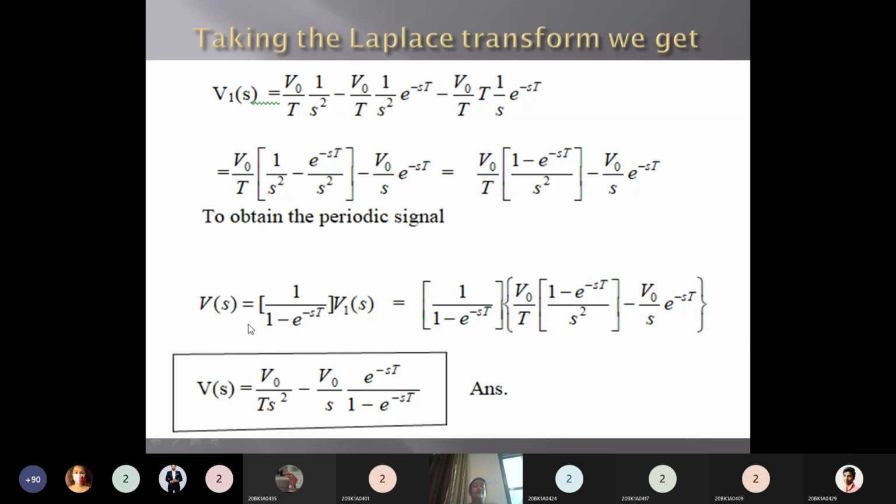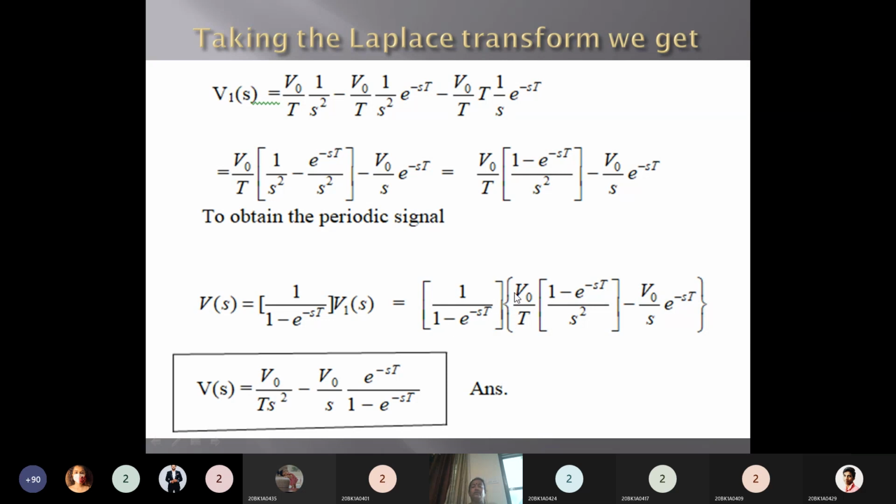So V of S, just substitute V1 of S and multiply with 1 by 1 minus e power minus ST. Then 1 minus e power minus ST gets cancelled in the first term.